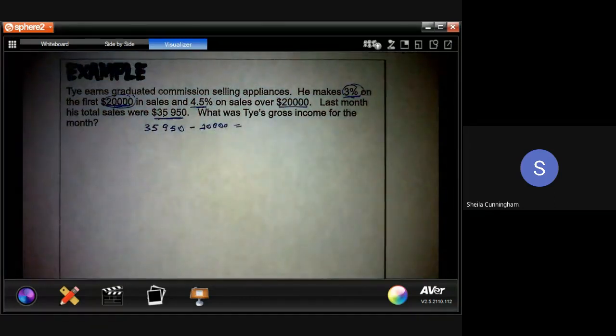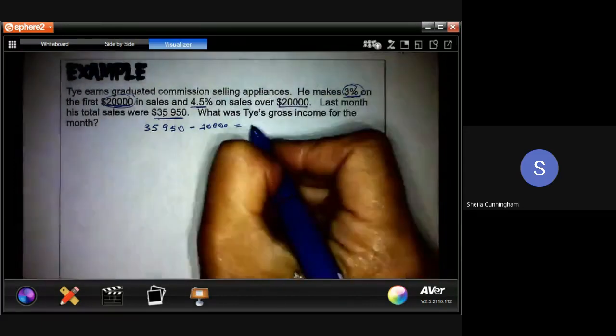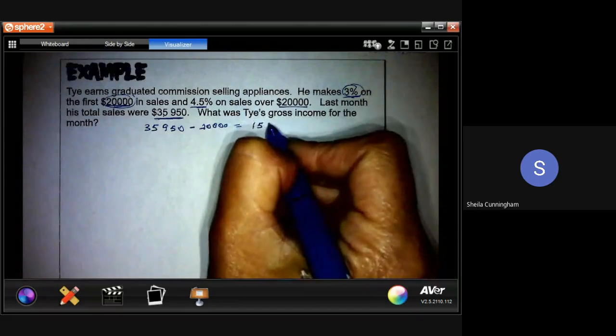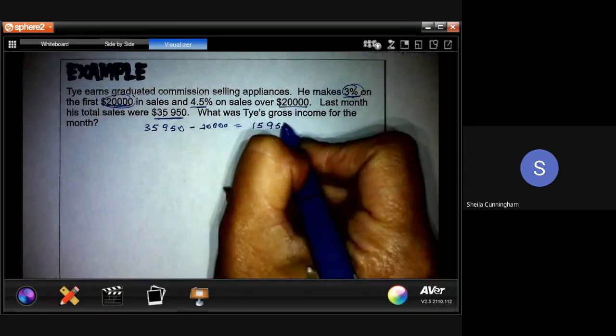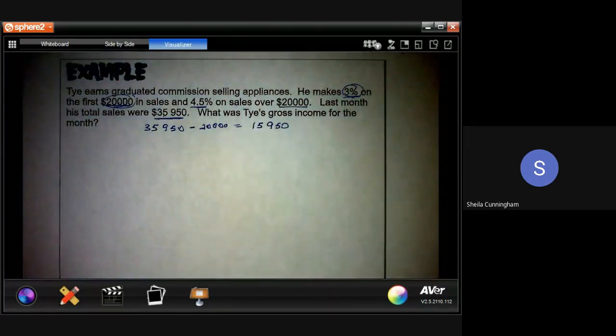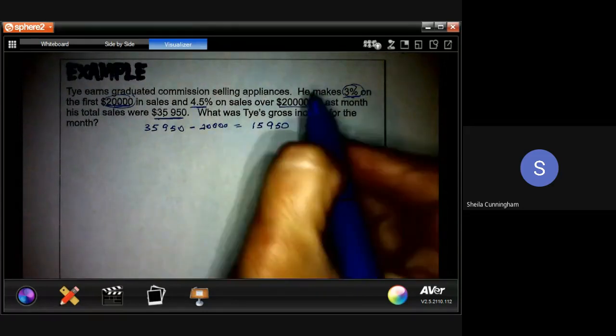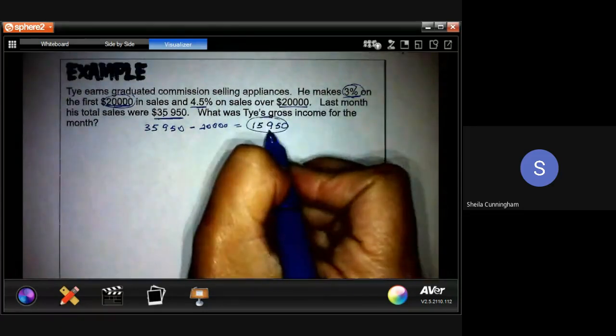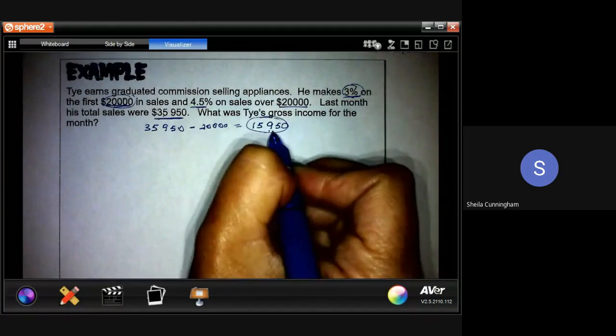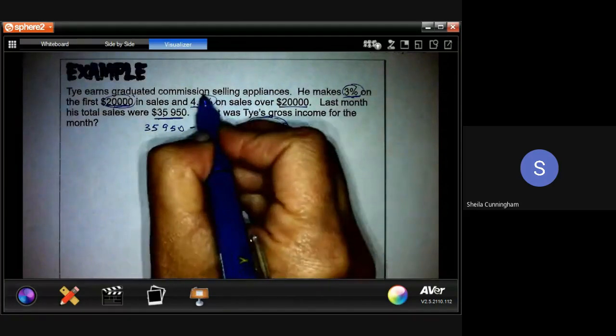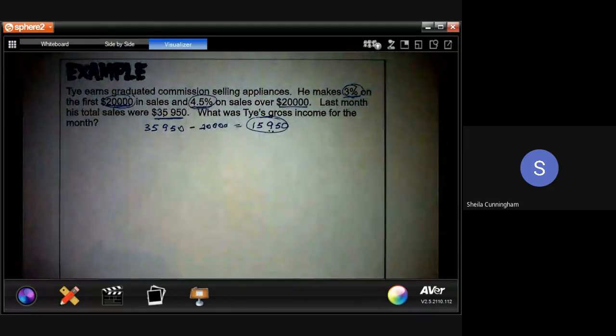So if we take 35,950, subtract the 20,000, we're finding out that he has got $15,950 worth of sales over 20,000. So this amount here, that was additional over the 20,000, is actually going to get that commission of 4.5%.